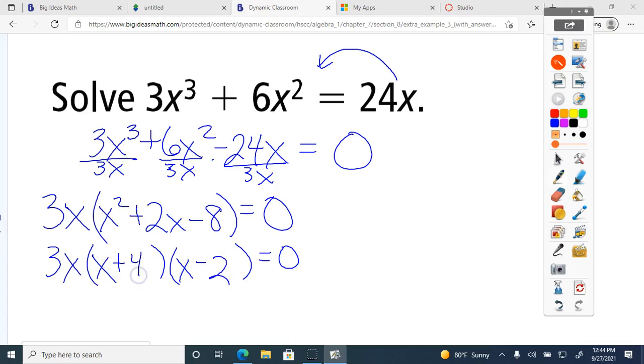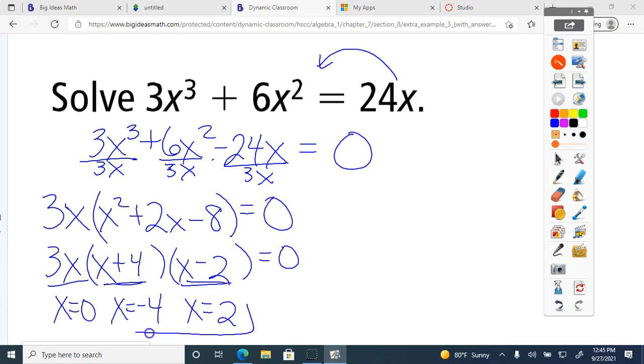Yes. 4 plus negative 2, is that 2? Yes. And now we set all three of these equal to 0. So what would make this one be 0? 0. What would make this one be 0? And what would make this one be 0? Positive 2. Okay?